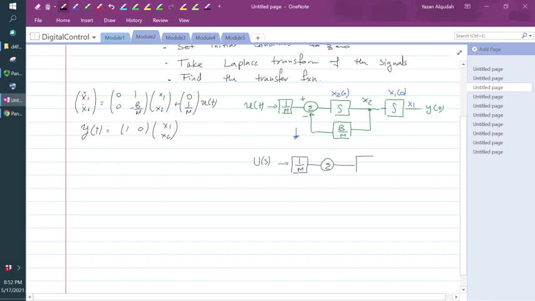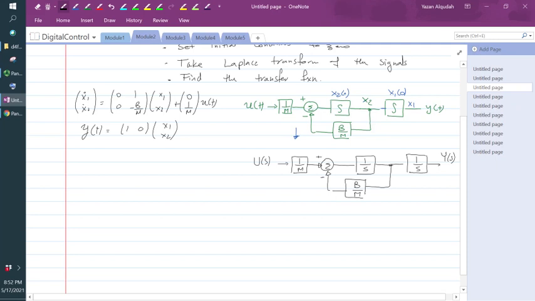An integrator in the Laplace domain is going to become 1 over s, and another integrator is going to become 1 over s. And I'm going to have y of s, and the feedback loop, which is b over m. And this is a negative, this is positive.